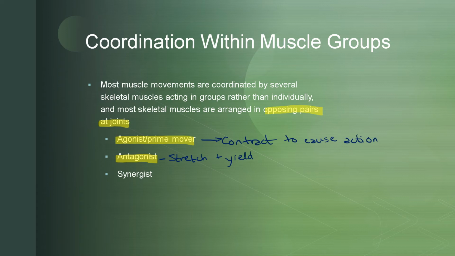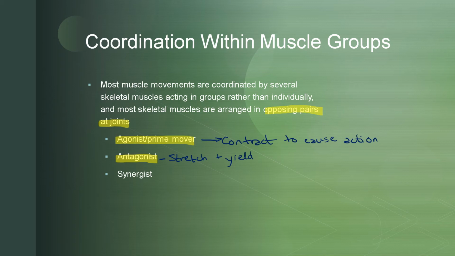In the process of flexing your forearm at the elbow, for example, your biceps brachii is the prime mover and the triceps brachii is the antagonist. The antagonist and the prime mover are usually going to be located on opposite sides of the bone or opposite sides of the joint.